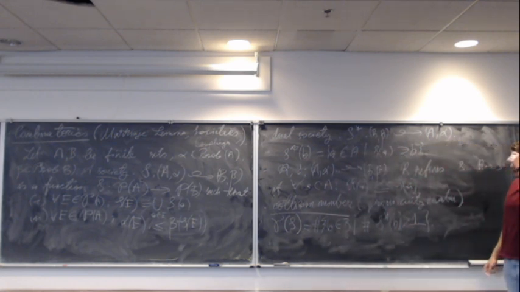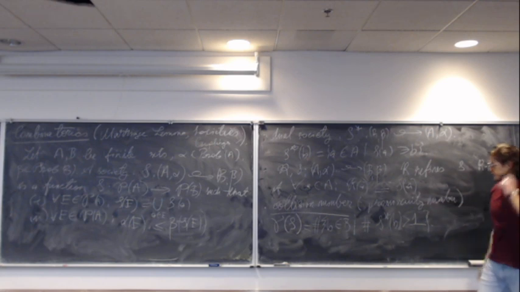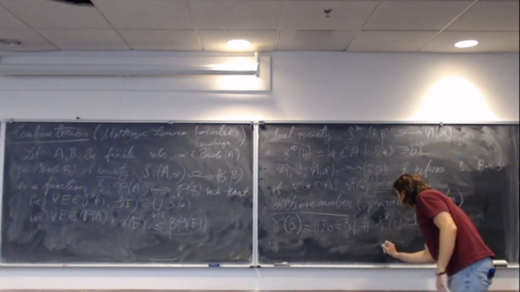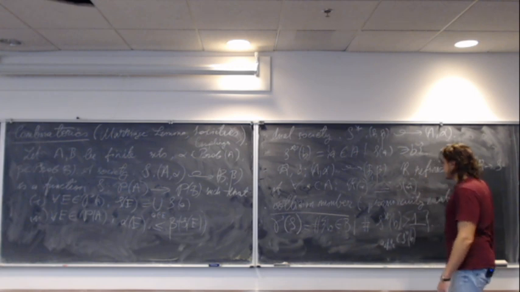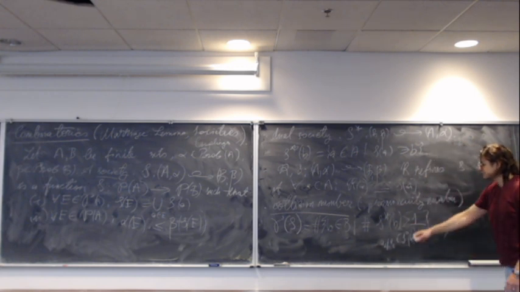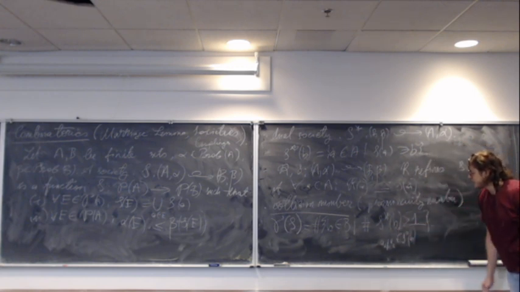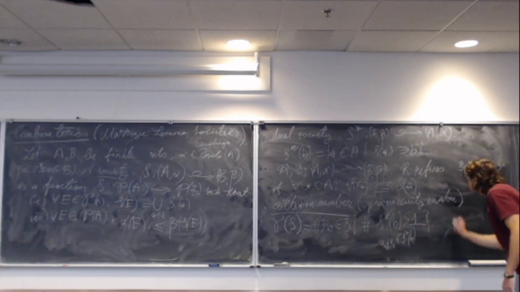Okay? So just to open this up a little bit, this could happen only if you have 2 points, A1 and A2, that are not the same in S star of B, which means that B is included both in S of A1 and S of A2.